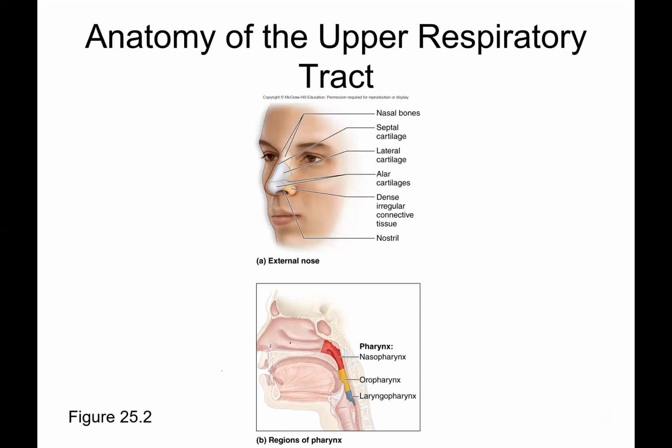So it goes from this flat stent, and when you blow it up, it enlarges, right? And then what that does is it opens up the concha area.